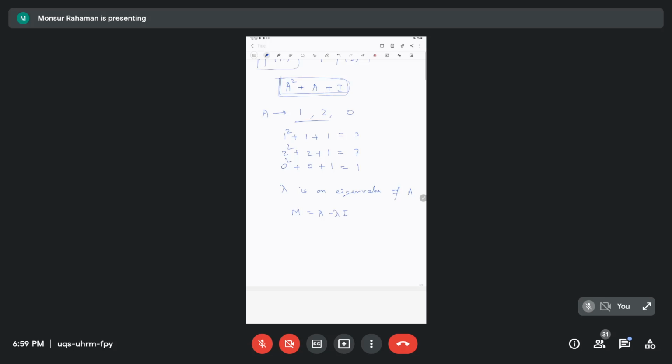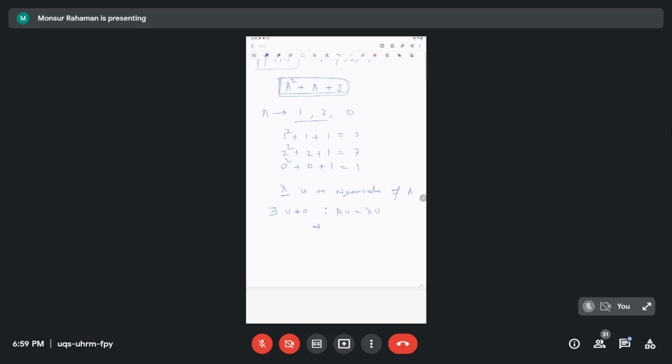The main definition of an eigenvalue: you will find a non-zero vector v such that a v equals lambda v.